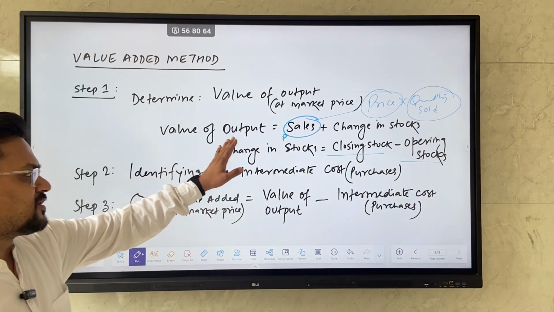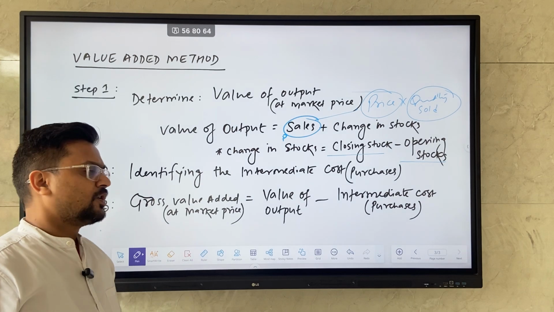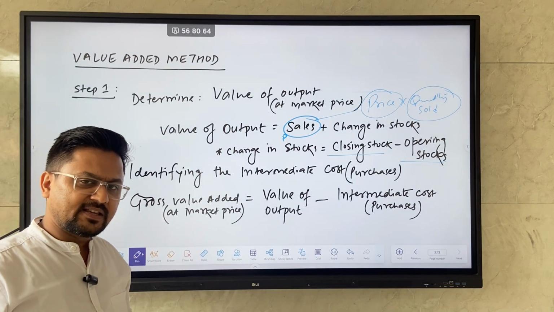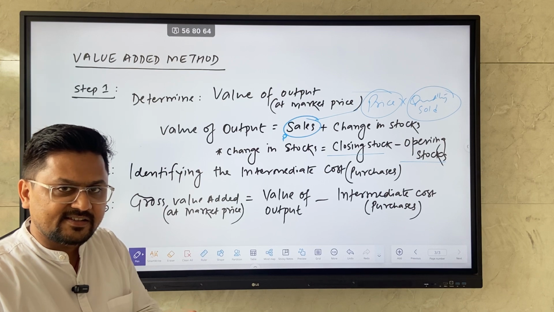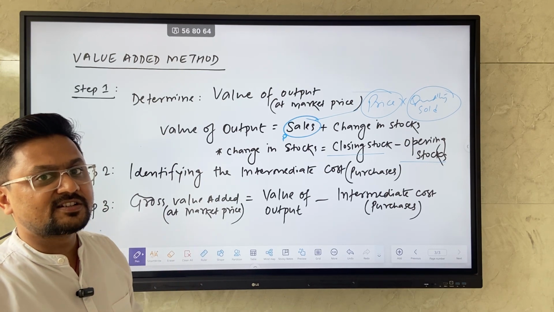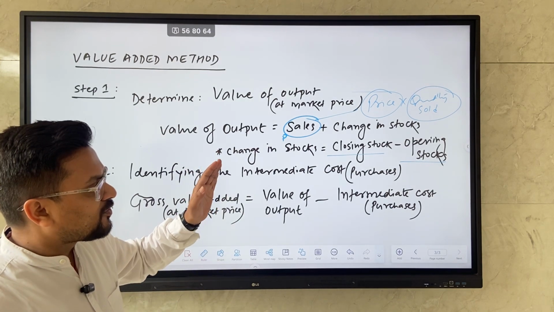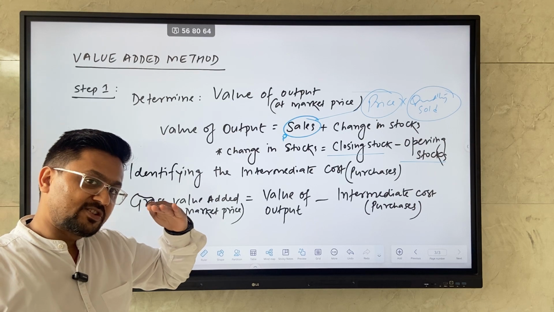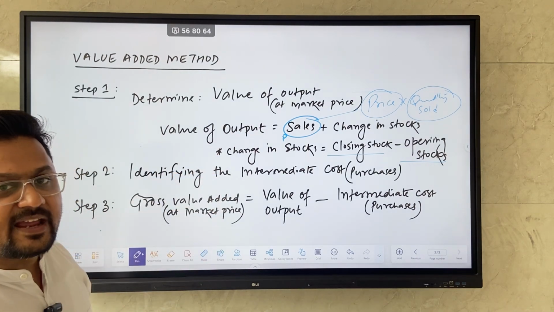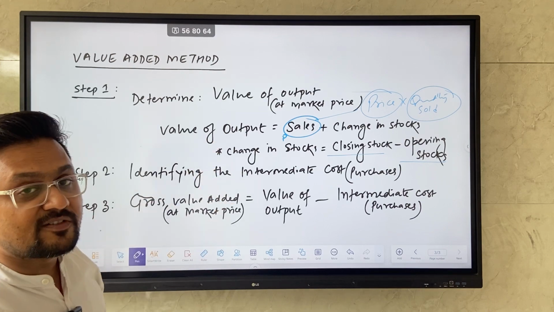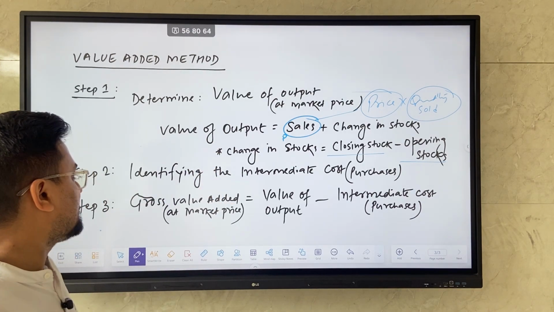So value of output is equal to sales plus change in stock. Or it is very much possible that is given value of output in the primary sector, value of output in the secondary sector, value of output in the tertiary sector. So if we have got the information in all the three sectors, we can simply add and we can get the total value of output at market price.